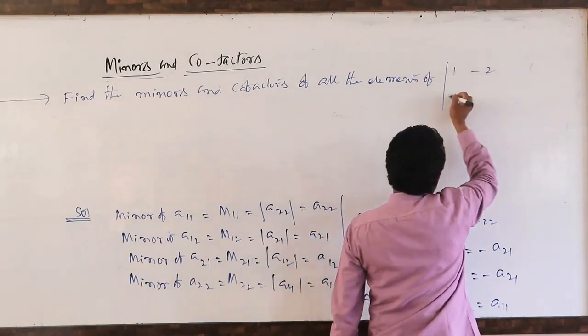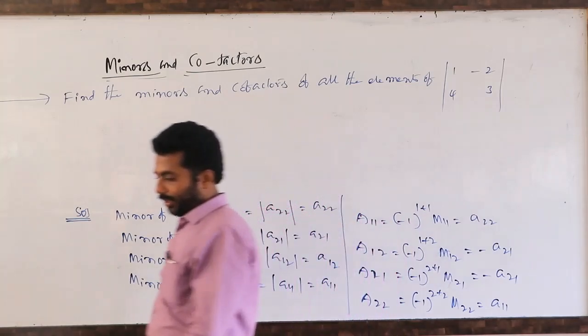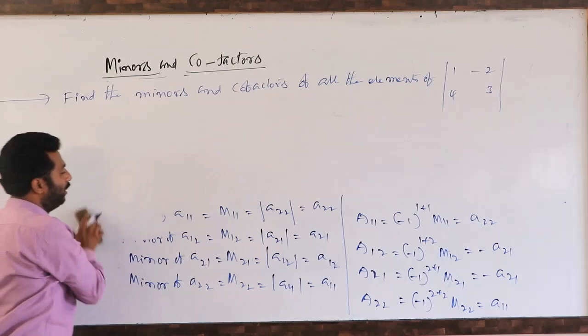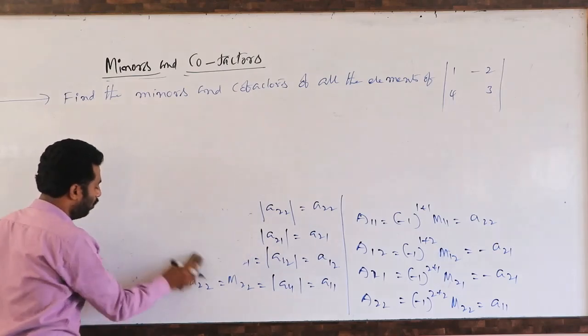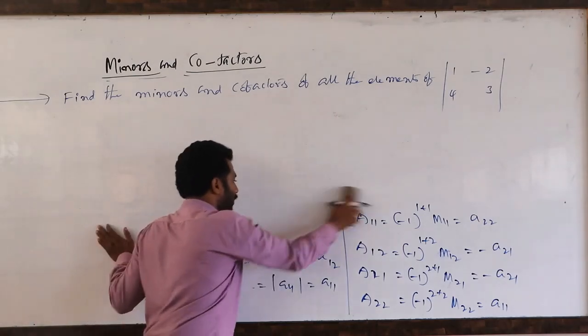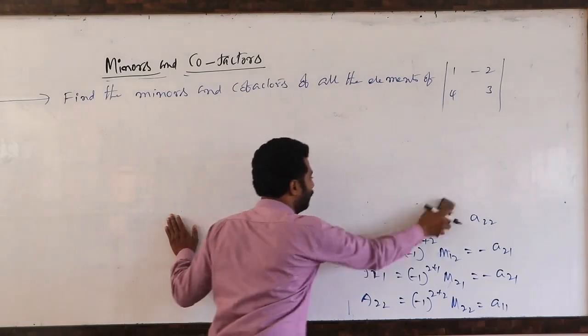Here, minor means Mij, cofactor means capital Aij. So I will write the answers directly here. You have to understand.